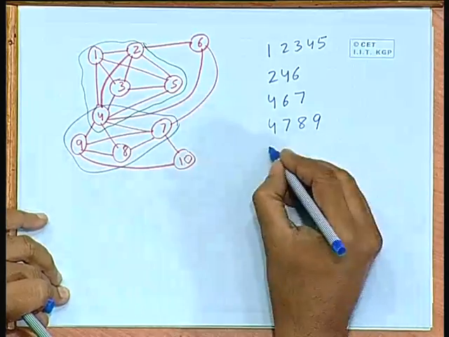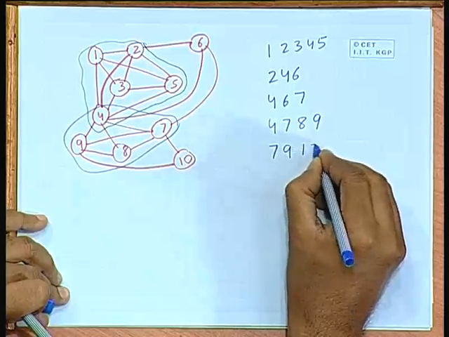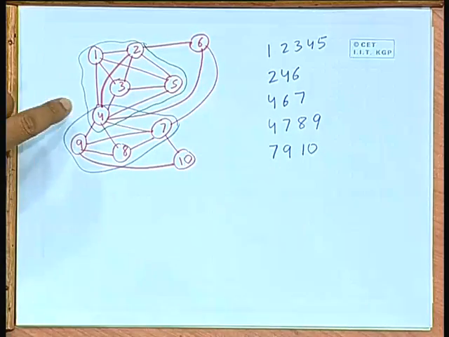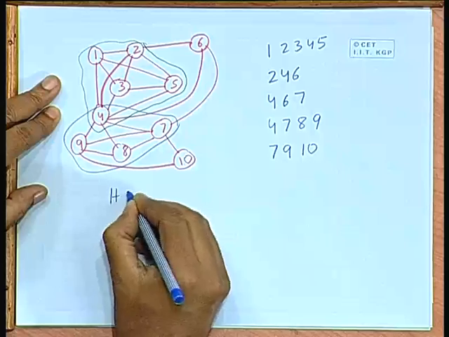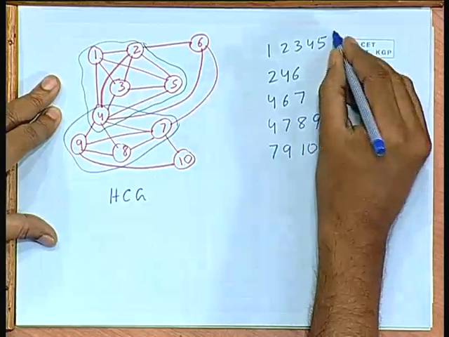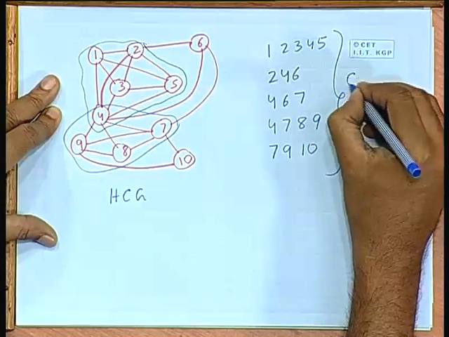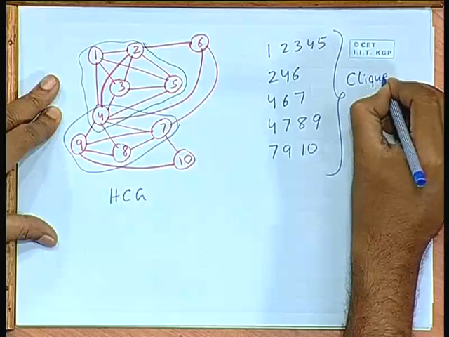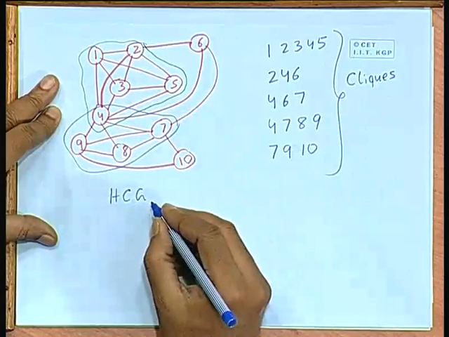Okay. So, for this HCG, these are the different cliques or maximal complete subgraphs.